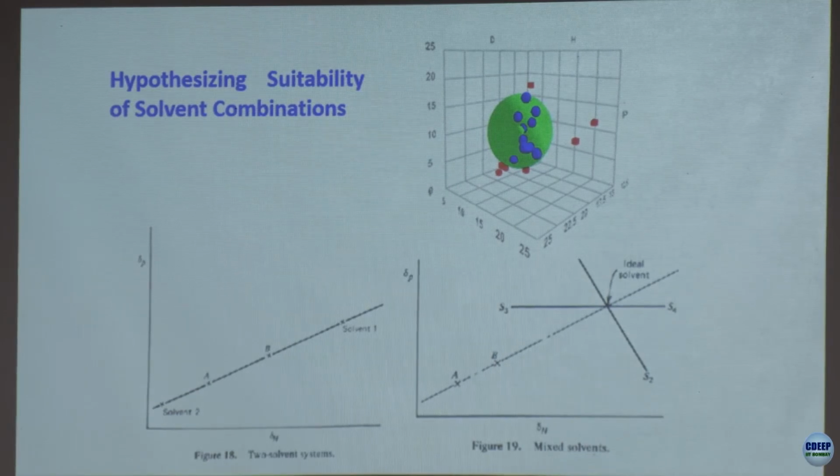In fact, this has to be done with a vector diagram. For example, if you have A and B here like this, and you don't have a solvent here, it is possible to make a mixture of S3 and S4 so that you have a mixture which is here, and make use of that to extract out B. So in that sense, this is a very powerful treatment and reasonably simple also.